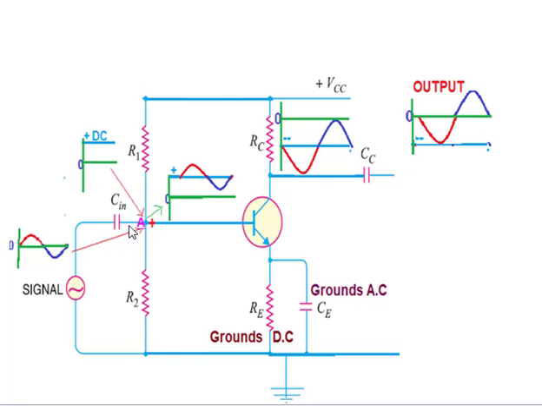It prevents the DC from entering through this. If the DC voltage passed through this, it would damage the signal source. So it is used to protect the signal source by blocking the DC voltage from the external battery. This capacitor is also known as a blocking capacitor.